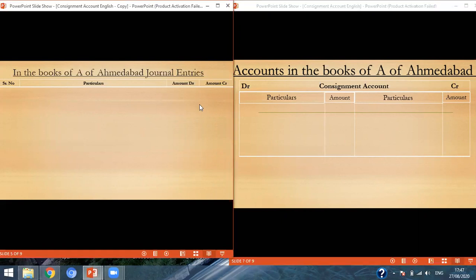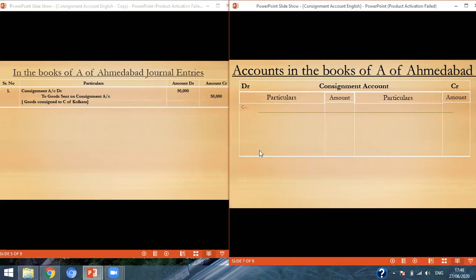Now we see the general entries. The first general entry is consignment account debit to goods sent on consignment account. So it is consignment account debit. What will happen? We'll make the entry on the debit side of the consignment account, and we will write goods sent on consignment account, 50,000 rupees.